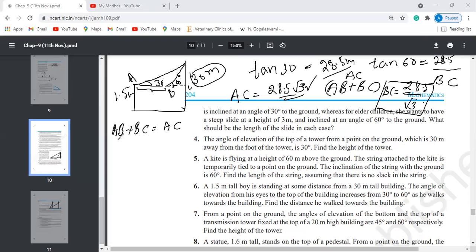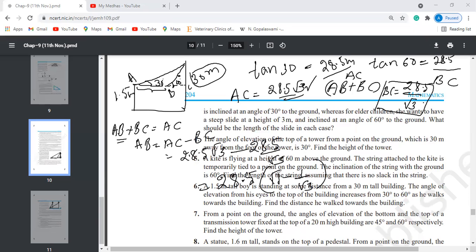Now you have to find AB, so AB can be written as AC minus BC. The value of AC is 28.5 root 3, minus 28.5 by root 3. So you will get 28.5 into 1 minus 1 by root 3.